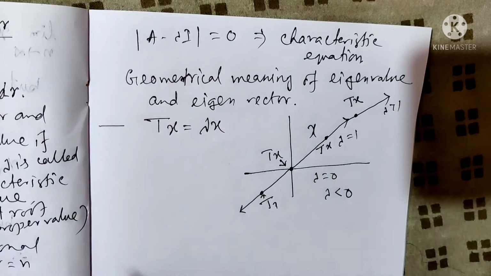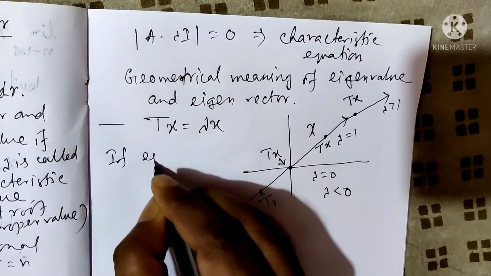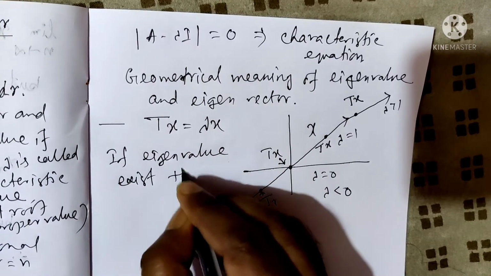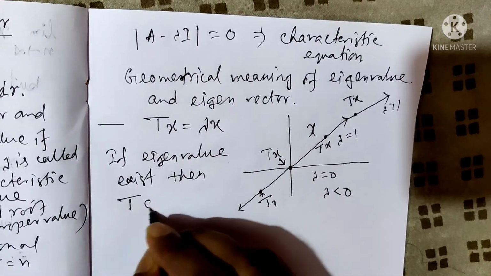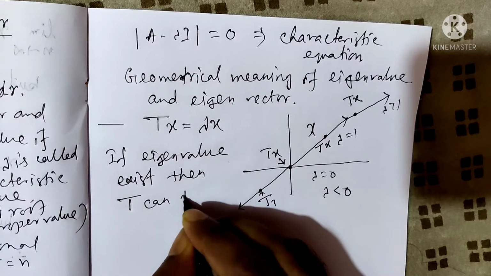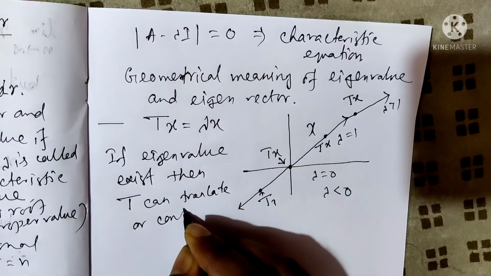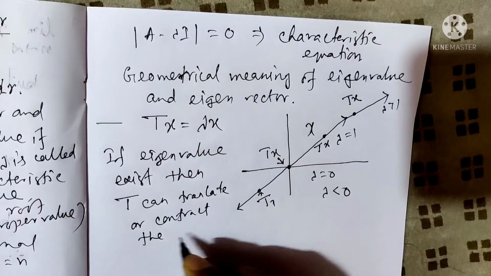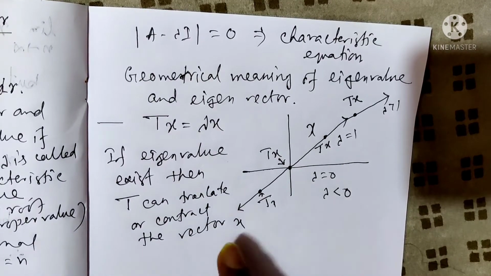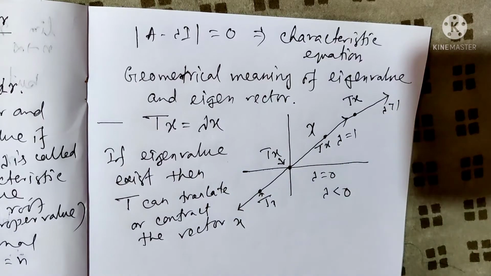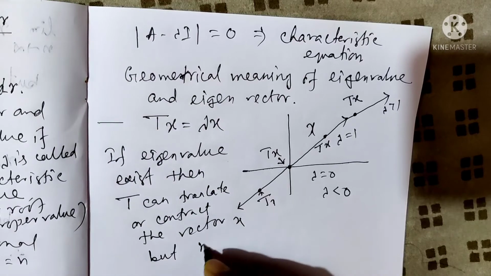So the geometrical meaning of eigenvalue and eigenvector is, if an eigenvalue exists, then T can translate or contract the vector x, either contraction or translation, but no rotation.